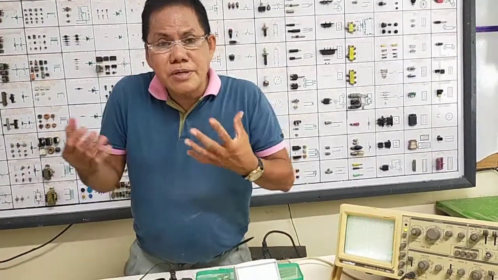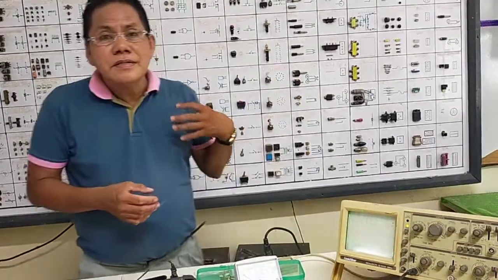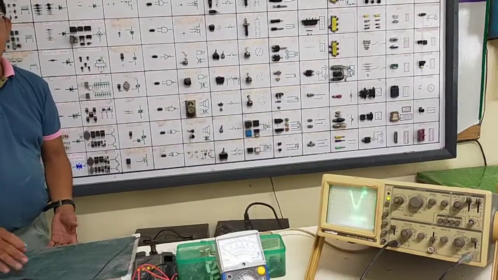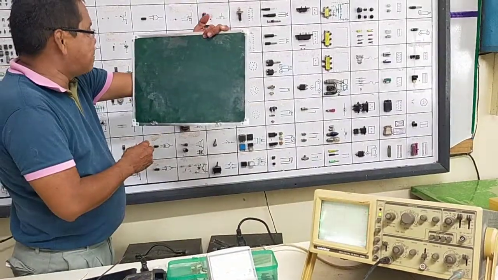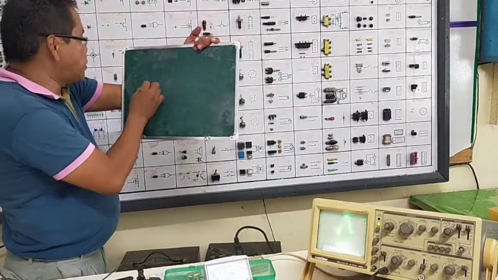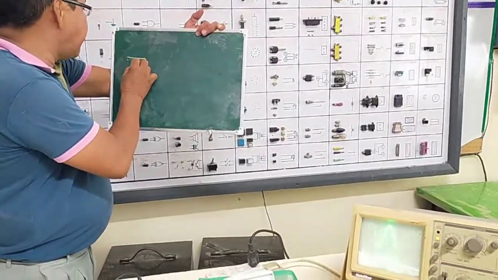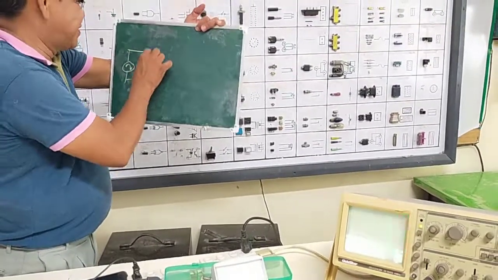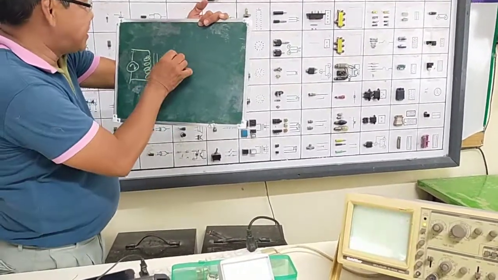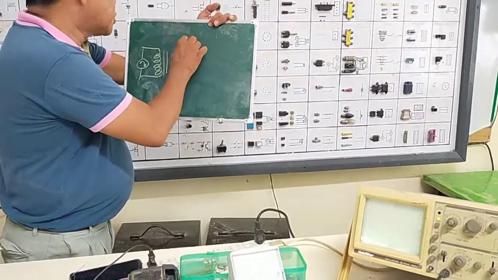Okay, let us now come to the full wave rectifier circuits, bridge type. The last type of rectifier circuit is the bridge type. Bridge type uses 4 diodes with the same transformer. Okay, 0, 12.